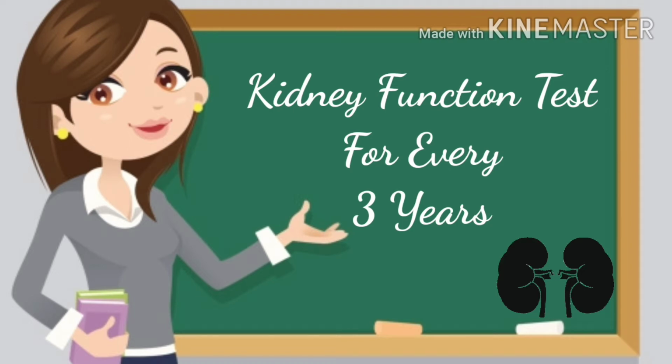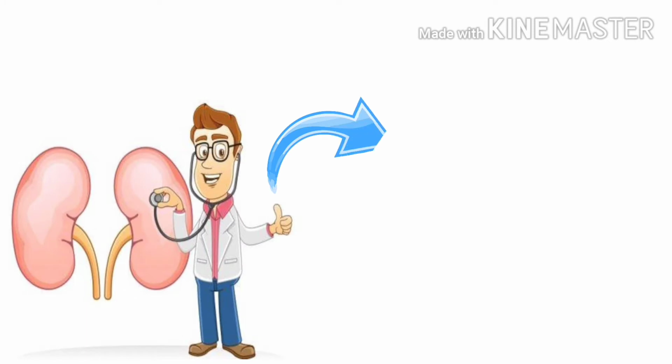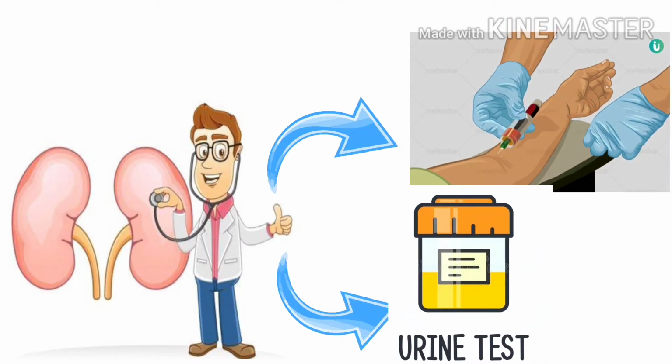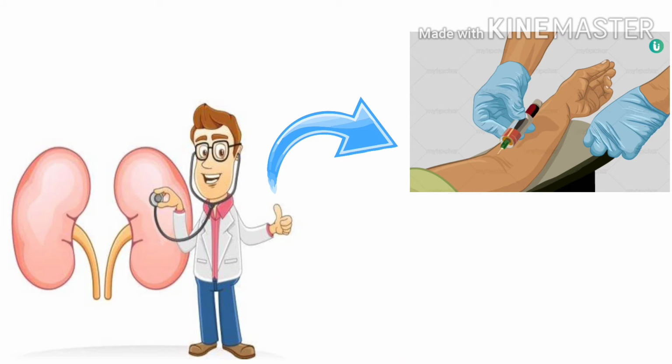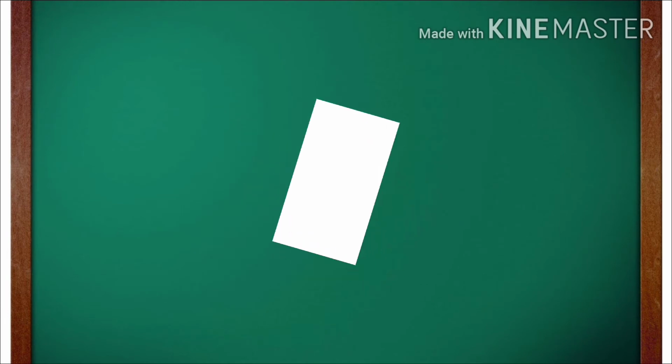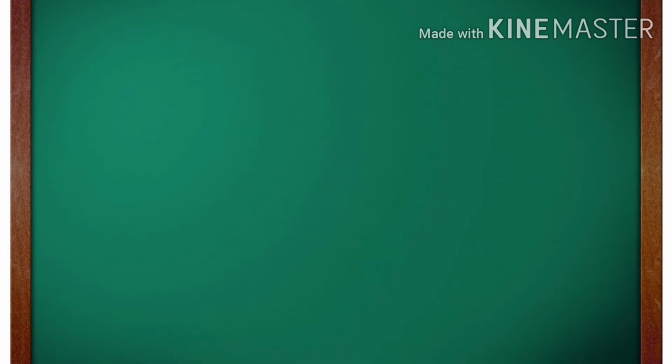Kidney function test is done by blood examination by collecting the blood sample, or it also can be done by urine examination. There are many parameters in the kidney function test. Some important parameters I am going to explain in this video.